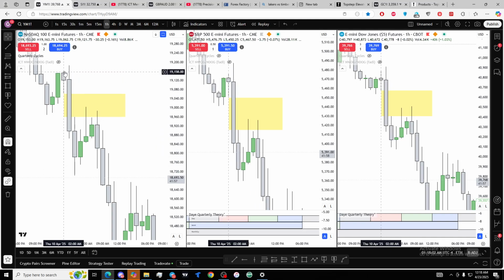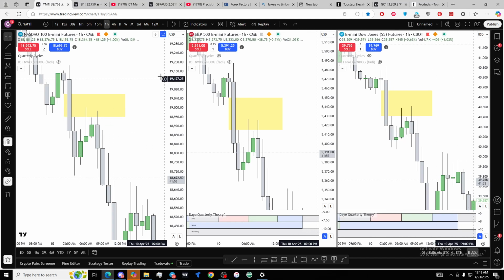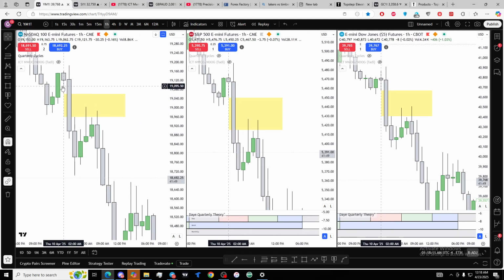It takes 3 candles to form a fair value gap. And as you see, as I draw the box, you can see the gap between the first and the third candle.